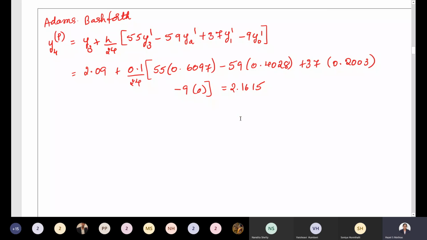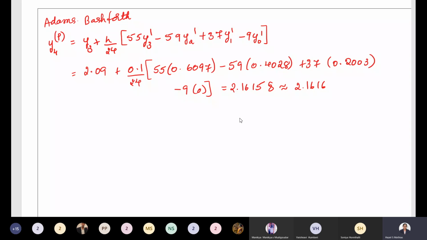Okay, you can round it off here. So approximately you can write it as 2.1616. Okay, so this is the predicted value. Everybody got it? Yes, ma'am. Okay, shall I continue?